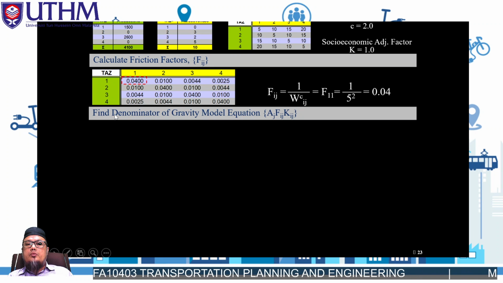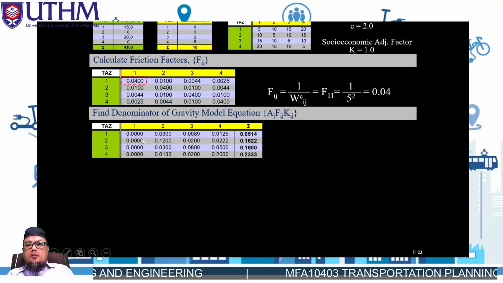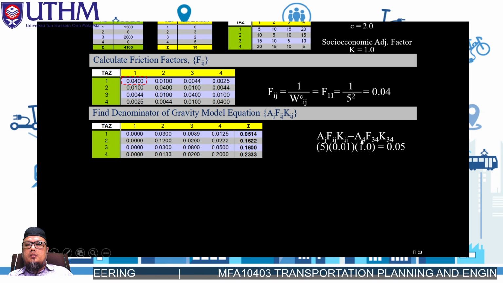Next, we are going to determine the denominator factor of gravity, which is attraction times friction factor, and K is given. Here we can calculate this using this formula. But be careful, again you have to refer to the specific cell to obtain the correct value. Let me give an example: 0.05. How do we get this value? First refer to this formula. 5 here.